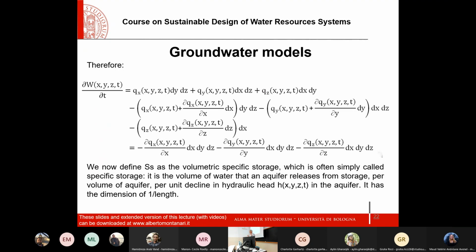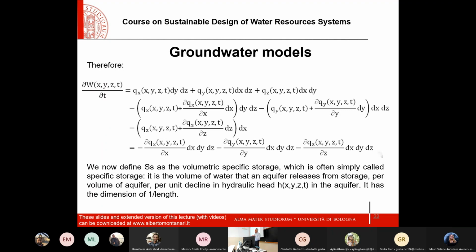And this is the volumetric specific storage. It is the property of the aquifer that when you release the pressure, then it releases water. And how can we reduce the pressure? For instance, by taking water from a well. The well is a water column over the aquifer. We take water from the well, and the aquifer is getting less pressure and releases water. This is the volumetric specific storage.